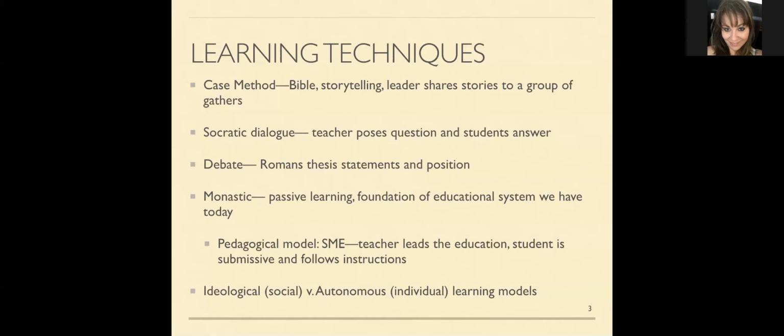And then you have different learning models. Do you learn as a group or in a society, or do you learn through individual methods like the developmental stages and so on and so forth?